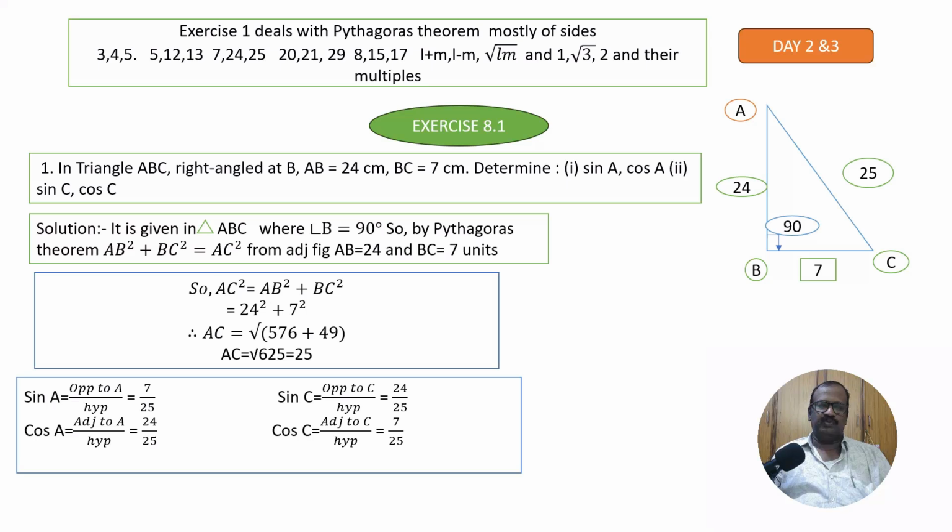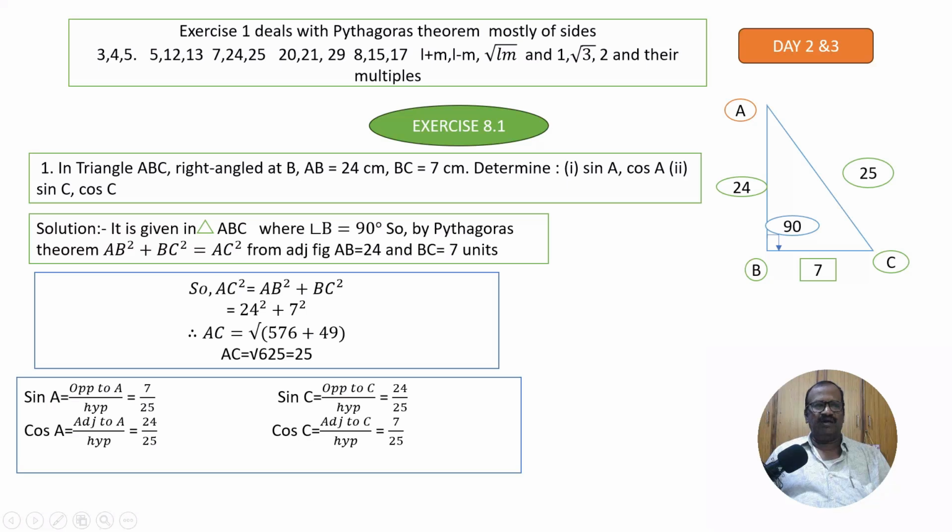So we use opposite to A, which is 7, by hypotenuse, which is 25, the largest side. So sin A is 7 by 25. Cos A means adjacent to A by hypotenuse. Adjacent to A is 24, hypotenuse 25. So cos A is 24 by 25.